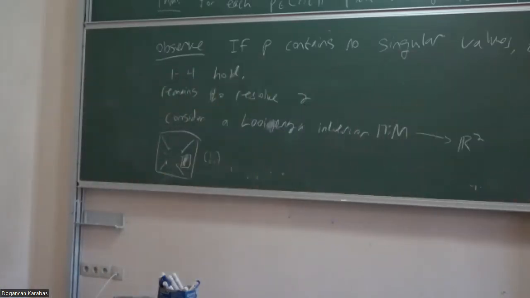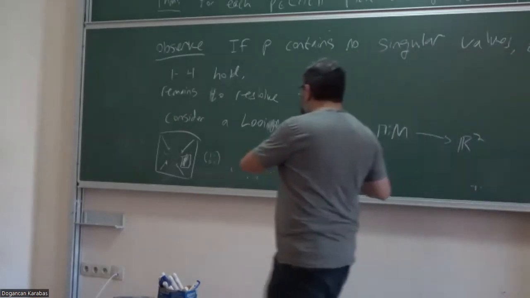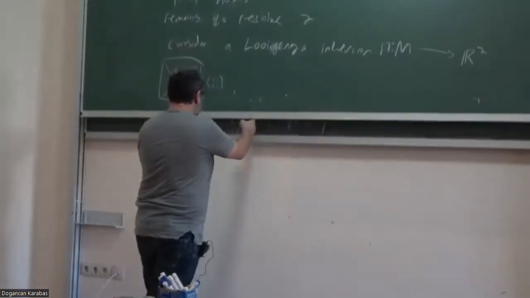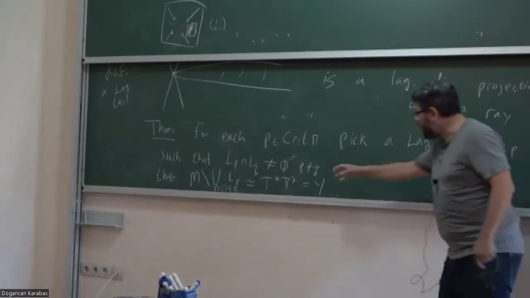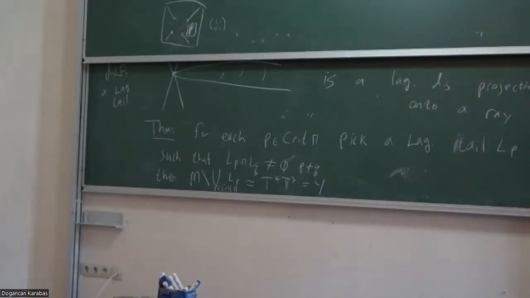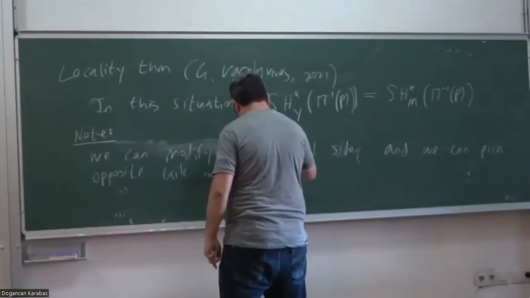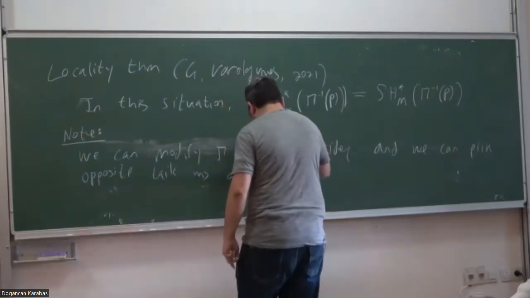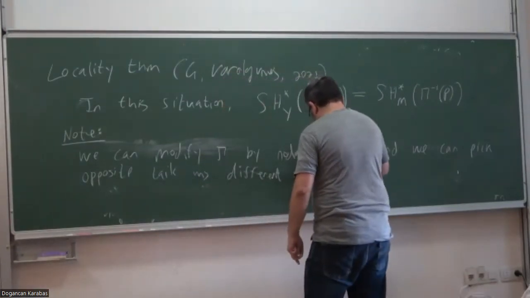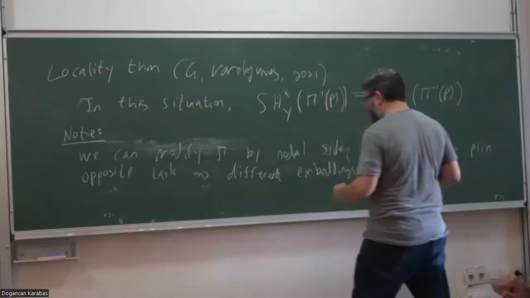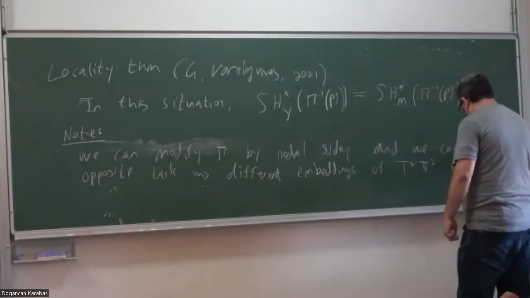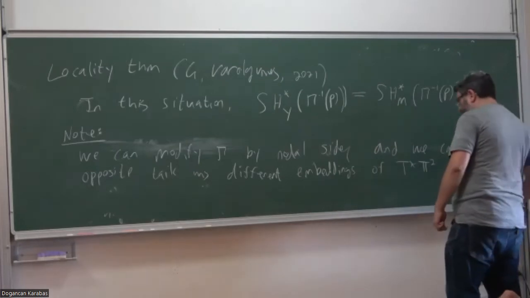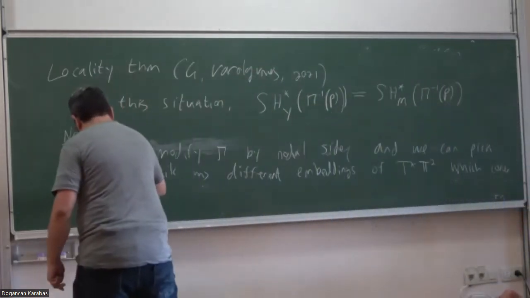So basically, this tells us that we can cover our manifold with different copies of the torus inside Y. You get different identifications, different embeddings of T star T2, which cover the complement of the singular points.